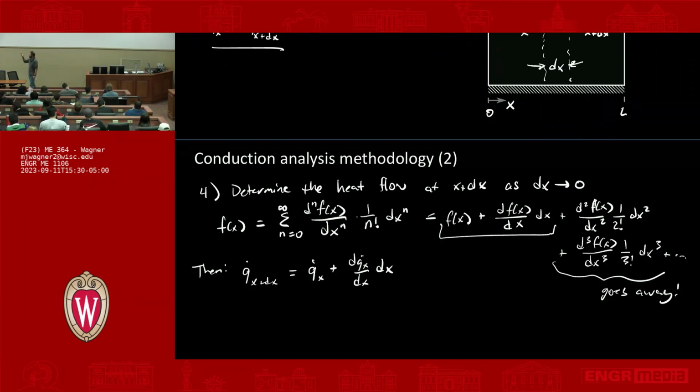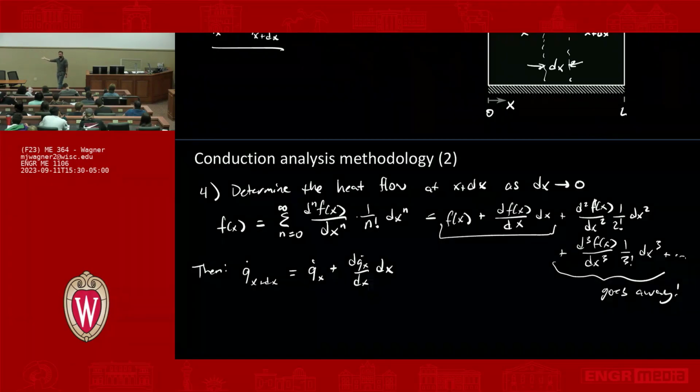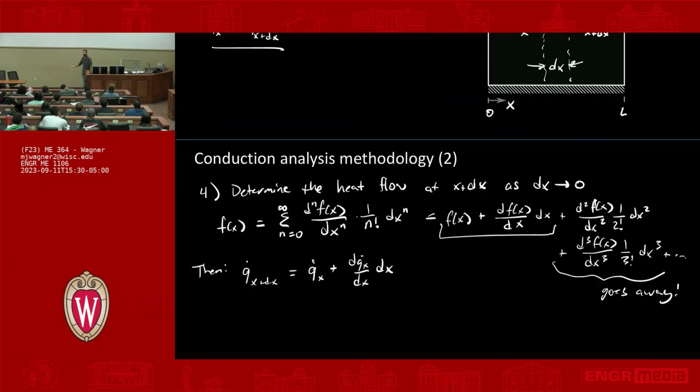We're saying, I don't know what q dot at x plus dx is, so I'm just going to throw a model at it. We're going to solve for this stuff later. That model happens to be Taylor series. We can throw away the higher order terms, and we're left with this representation. So I know q dot x, I can plug that in and do some operations on it and then predict at x plus dx. Right, that makes sense? Okay.